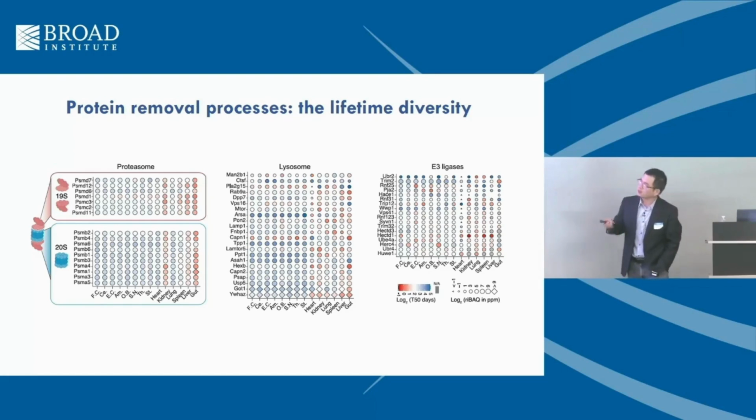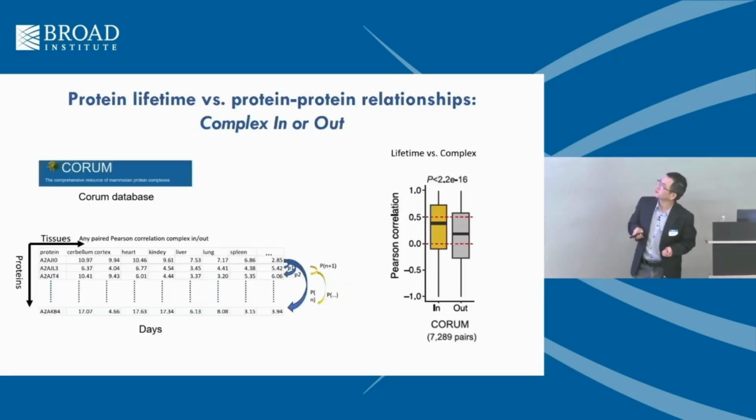And interestingly, if you look at the E3 ligases and their accessory proteins, they are in general low abundance, and the lifetime is quite diverse between different mouse tissues. This suggests that if you consider tissue diversity, the E3 ligase lifetime can be very important.